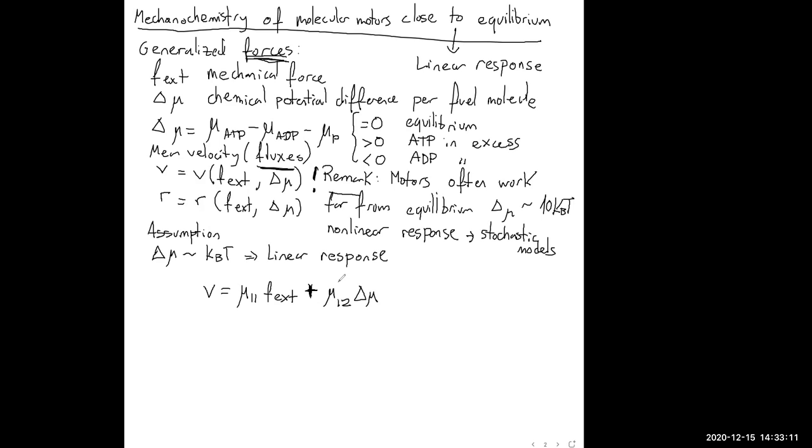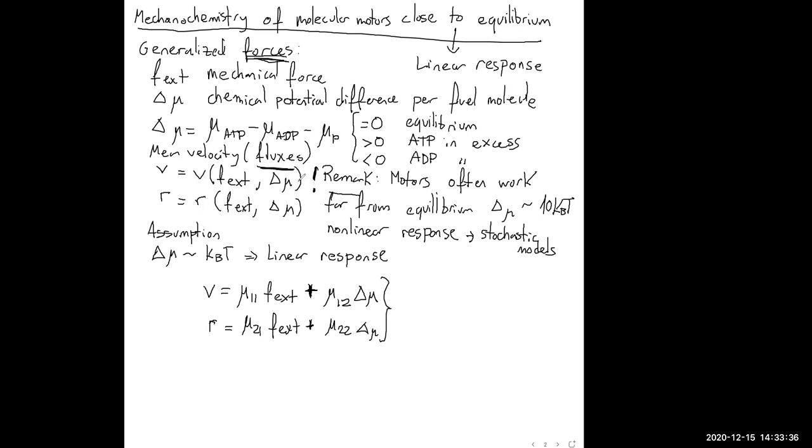This is the chemical force, this is the mechanical force, and both together give the mechanical flux. And this is the chemical flux, R. It will be mu21 F external plus mu22 delta mu. Okay, this is an assumption we will consider.